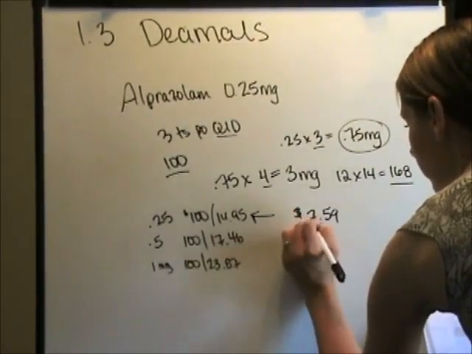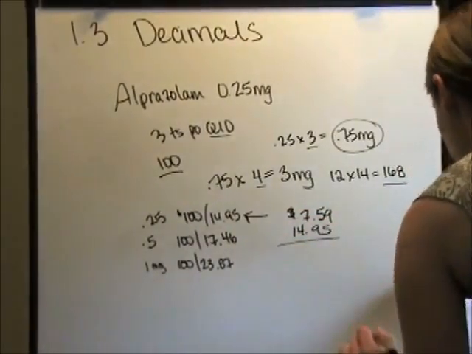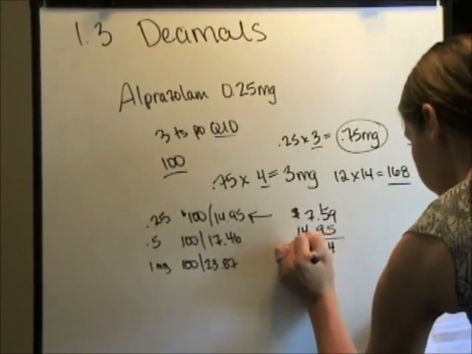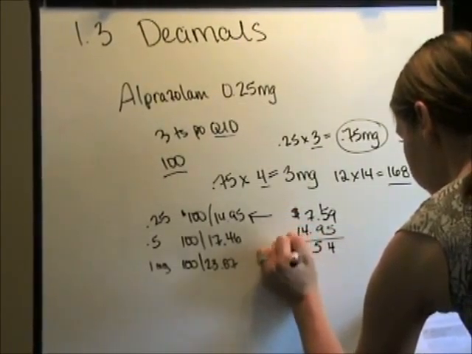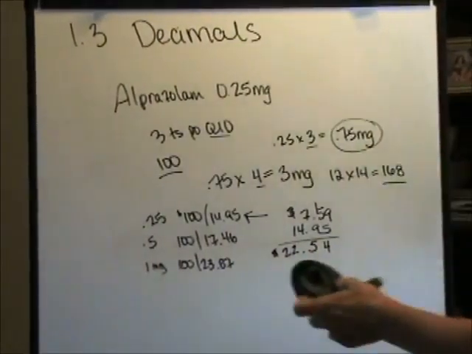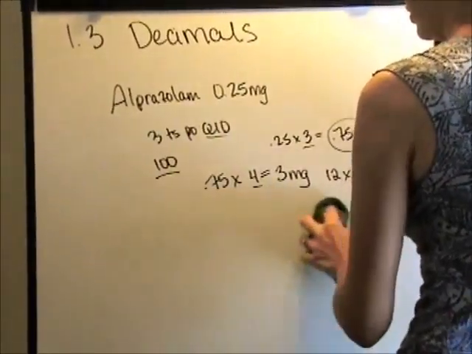So we have the base cost plus the cost of the meds, line up the decimals, and add. 22.54 for the medication.